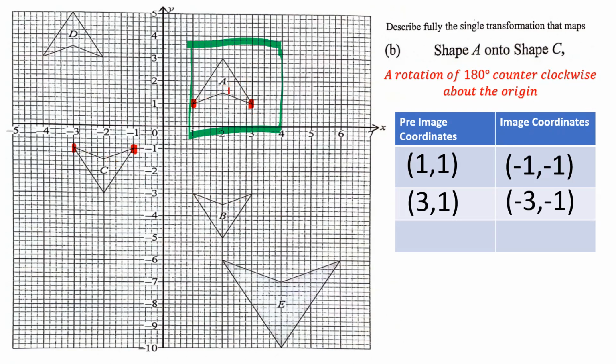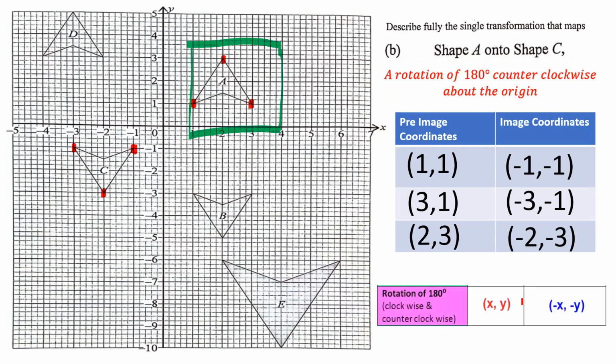So this point was rotated here as well. And then there's a point (2, 3), and if we look here, (2, 3) is rotated to (-2, -3). So basically all of their coordinates were negated. Whenever that happens, that is definitely a rotation of 180 degrees clockwise or counterclockwise.